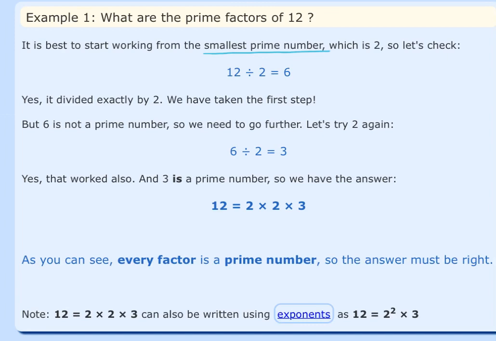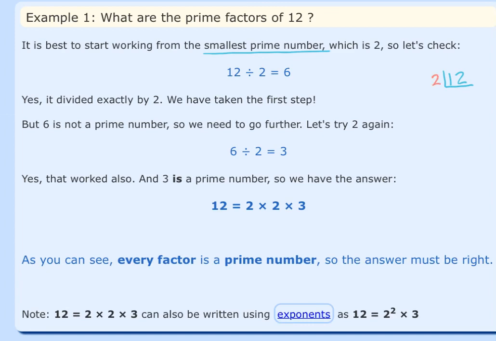Remember that a factor, since it multiplies to be that number, you can also divide by one of the factors, because they go hand in hand. So I'm going to do on the side something I call backwards or upside down division. If we're starting with 12, the smallest prime number that can go into it is 2.